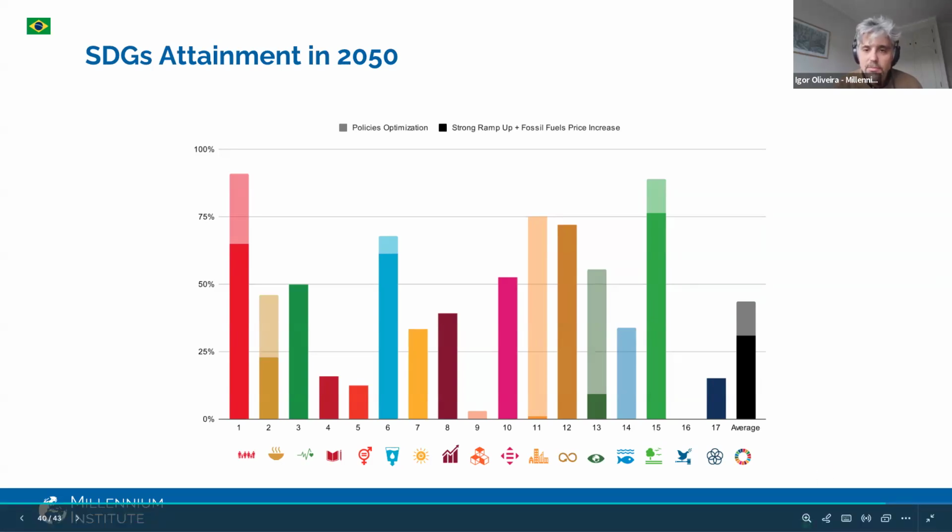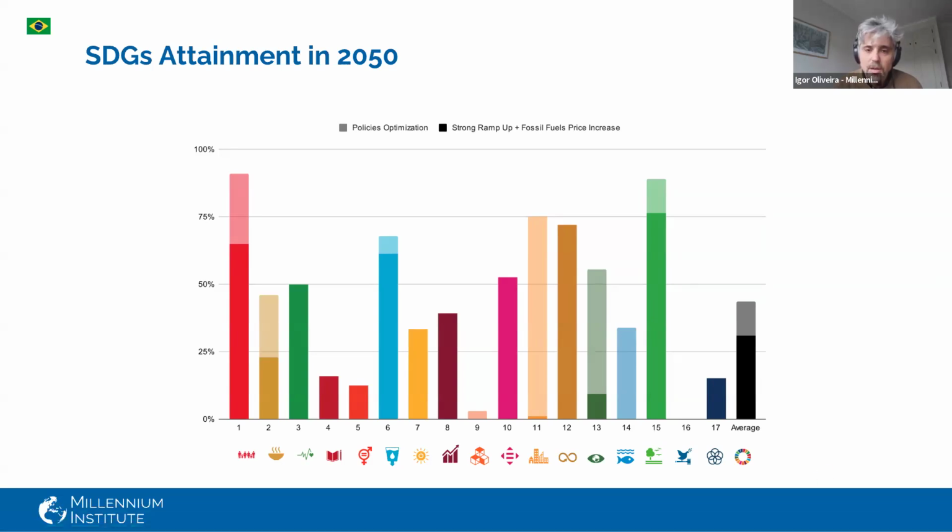You can see there's a lot of opportunity in Brazil to synergize these different policy areas and achieve an even higher performance in terms of the average SDG performance, which is the black bar on the right side.